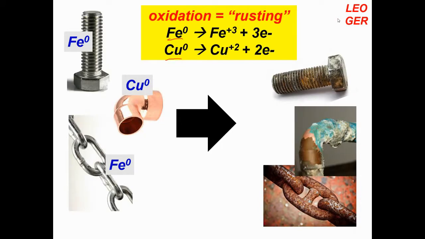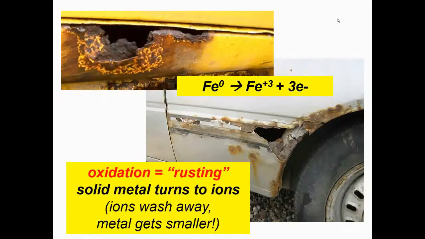They turn into cations. If you've ever seen a car with holes in it from rusting, that happens because the car body is made of all these solid iron atoms, but when they go through oxidation or rusting, they turn into these iron ions by giving off electrons, because loss of electrons is oxidation.